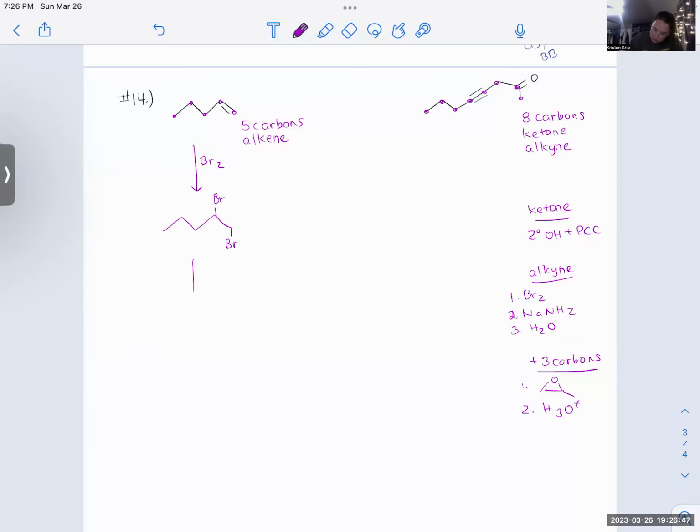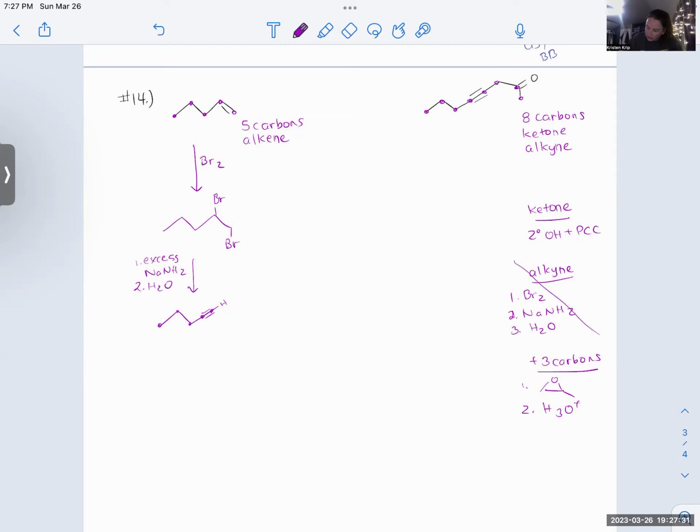So we're going to do the excess NaNH2 plus the H2O to reprotonate the end. So that's going to give us this looking thing. It'll have the hydrogen on the end there. And let's just double count 1, 2, 3, 4, 5, just to make sure that we didn't forget a carbon anywhere, because when you have alkynes, it's really easy to forget a carbon. Okay, so now we have an alkyne.